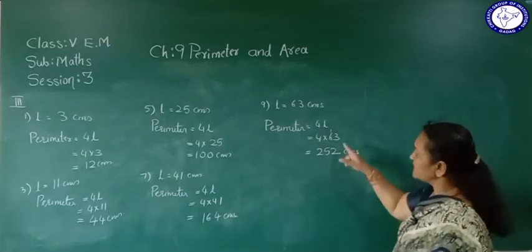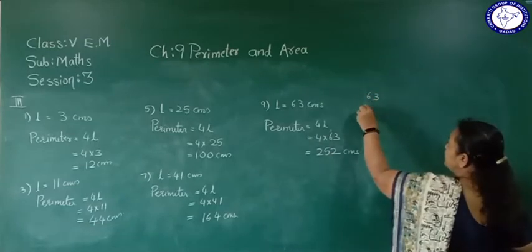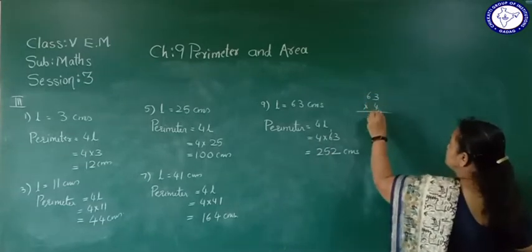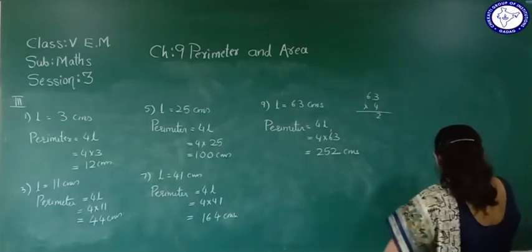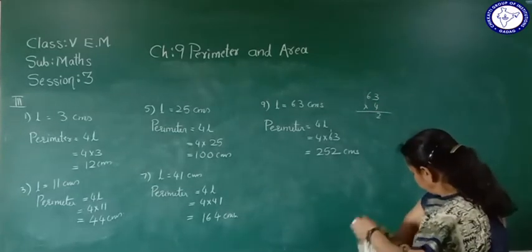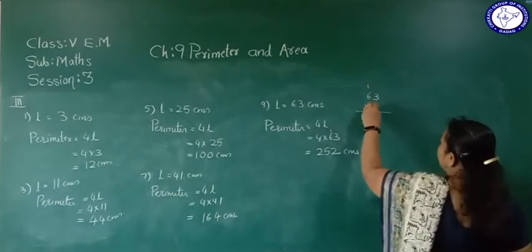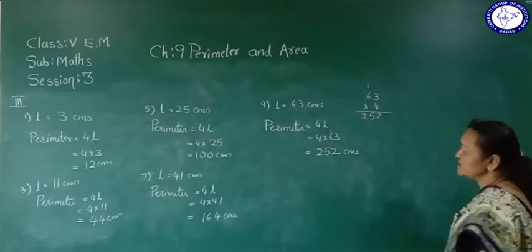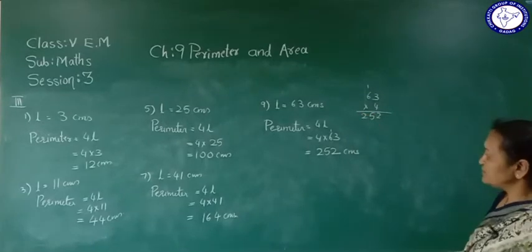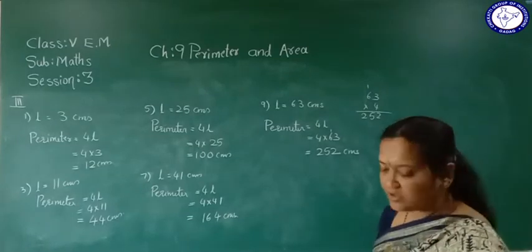Here if you didn't understand the multiplication, then multiply and find 63 into 4. So 4 3s are 12, carry 1, 4 6s are 24 plus 1 is 25. So here the answer is 252 centimeters. Then let me go to the fourth main question.